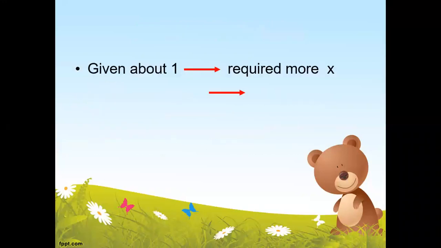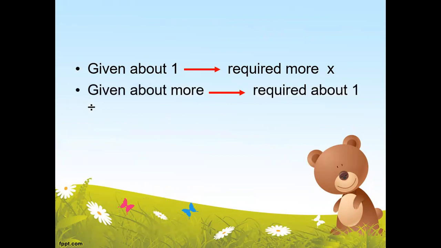So when we are solving multiplication and division word problems, if you are given about one thing and the required is to find about 5 people or find about 10 people, we have to use multiplication there.